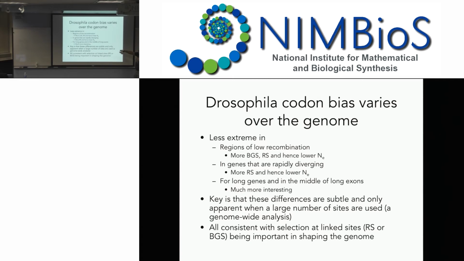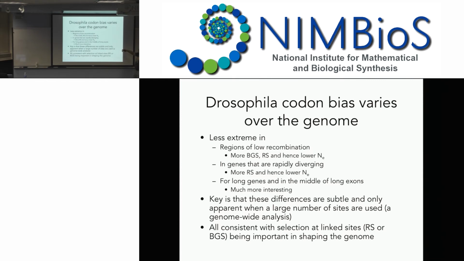That's consistent with regions of low recombination having background selection and/or recurrent selection. You also see less codon bias in genes that are rapidly diverging at the replacement level. Well, the rapidly diverging could be because they're undergoing sweeps. Sweeps then lower the effective population size.